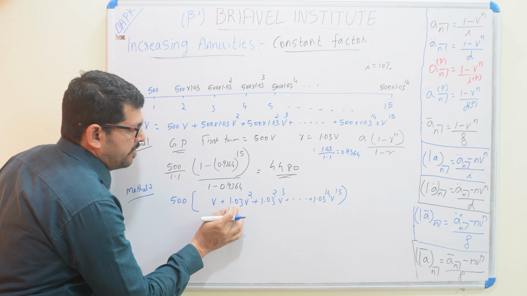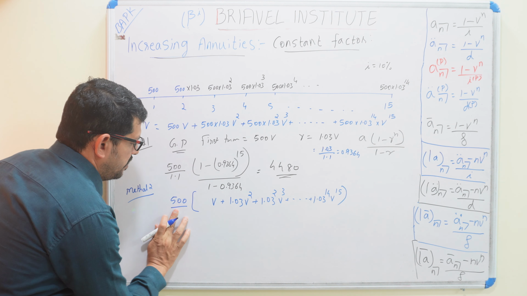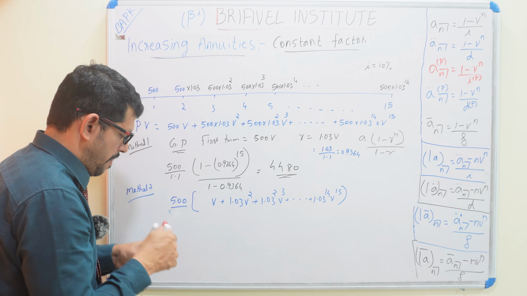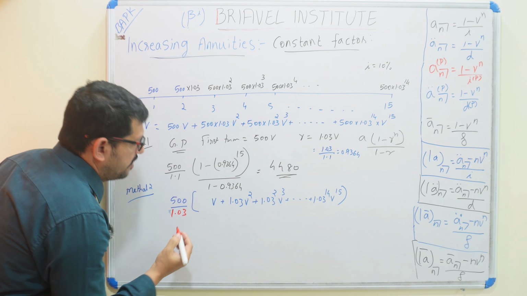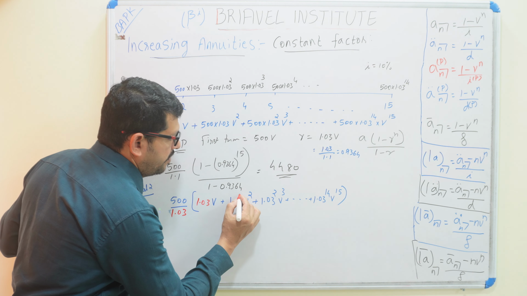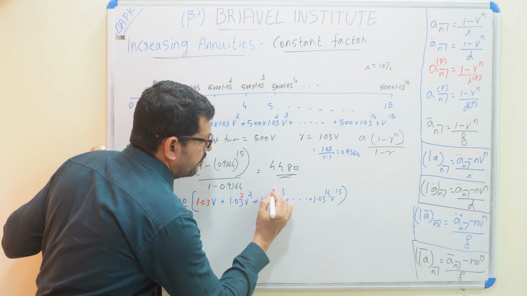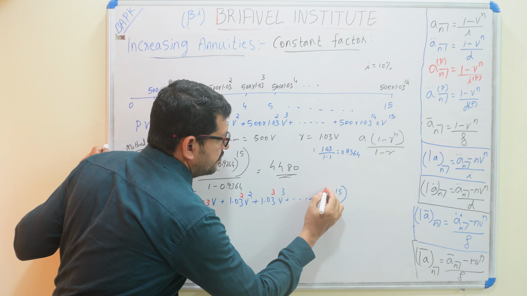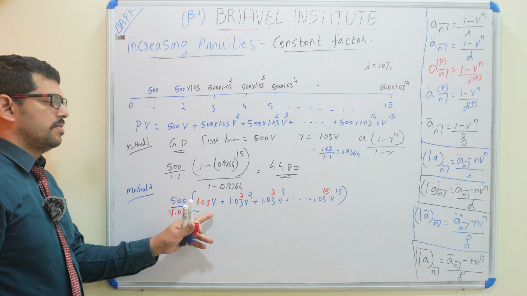So I have to divide first by 1.03, because I want to multiply with the 1.03. So 1.03 v, here it is also square. It is becoming cube. It is becoming 15. So each term I multiply with the 1.03.